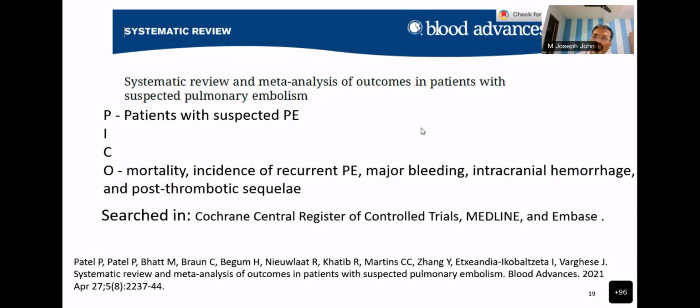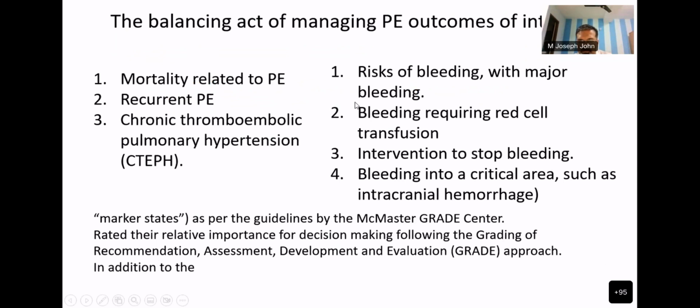I wouldn't go into the details of it, but just to give you a flavor of controversies associated with pulmonary embolism and VTE and thrombophilia. When you analyze a study, you balance it out between two things. One, how often the disease is coming back, what is the recurrence rate, what is the mortality associated with the problem, and what are the risks of bleeding.